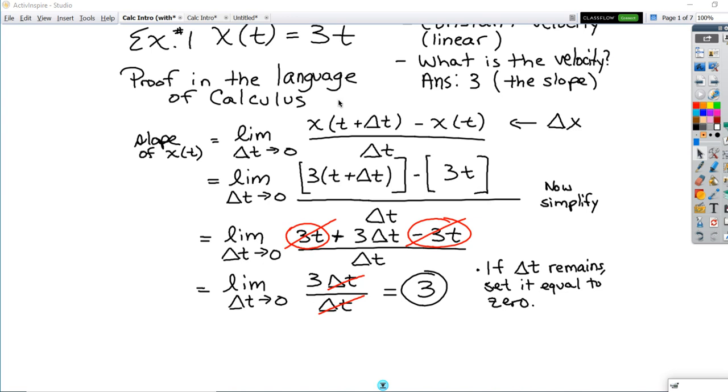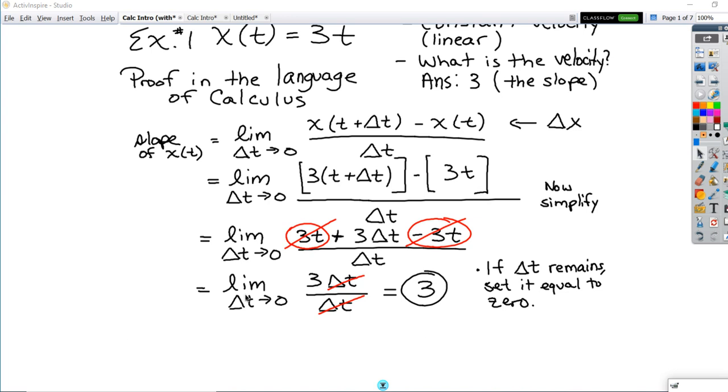If we do a different example, you're going to find that this delta t may not disappear entirely. If that's the case, the very last step is to perform this limit by taking whatever terms have delta t in them and setting them equal to 0.